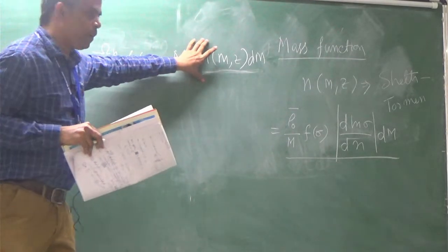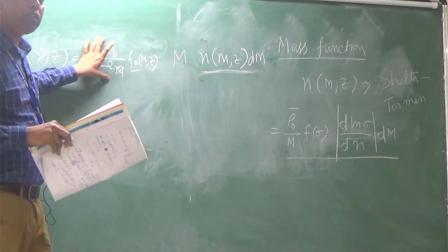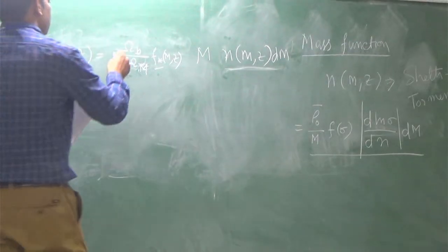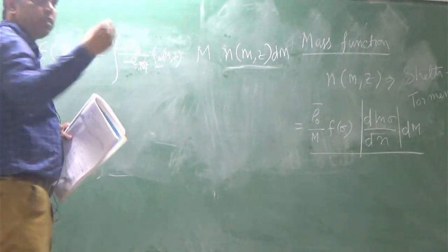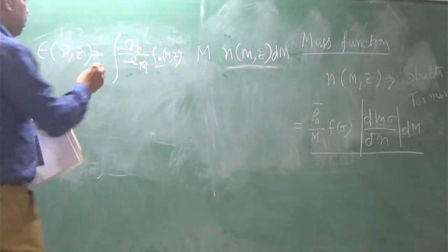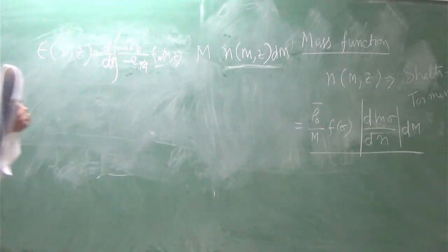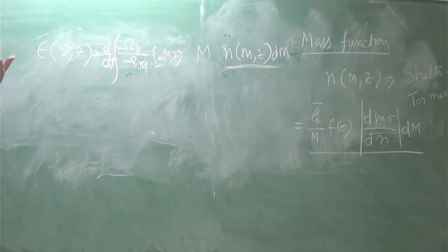This is dark matter mass, this factor converts it into baryonic mass, and this converts it into stellar mass. If I want to calculate the rate at which the stellar mass is increasing, I have to take the derivative with time. That gives you the rate of change of stellar mass, of course, per unit volume.